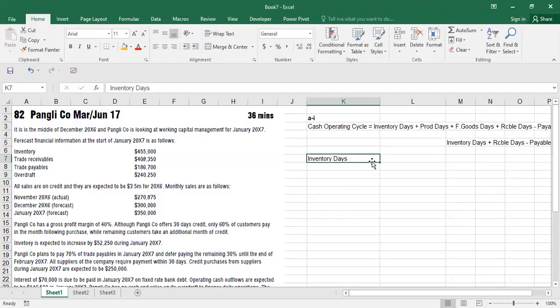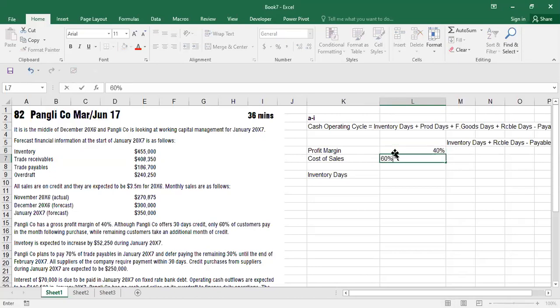Inventory days depend on your cost of sales and inventory. So let's first calculate our cost of sales. They told us that our profit margin is, I think, 40%. So cost of sales will be 60%.